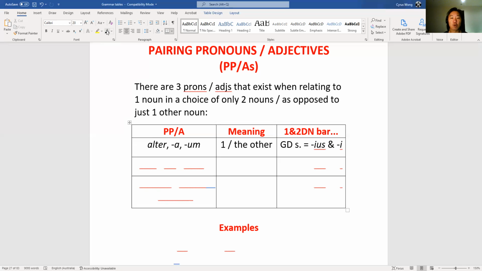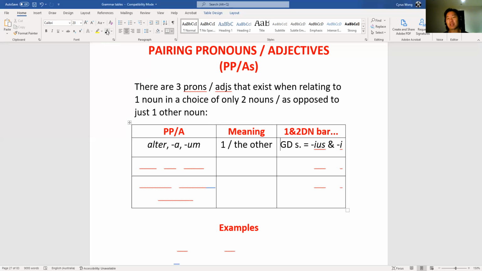And if you say for or to one or the other thing, it's alteri, i, i. So if you want to decline it very quickly in your head, going across the genders, alter, altera, alterum, alterum, eram, erum, and then the genitive exception, alterius, ius, ius, the dative exception, alteri, i, i, and ablative, altero, era, ero.